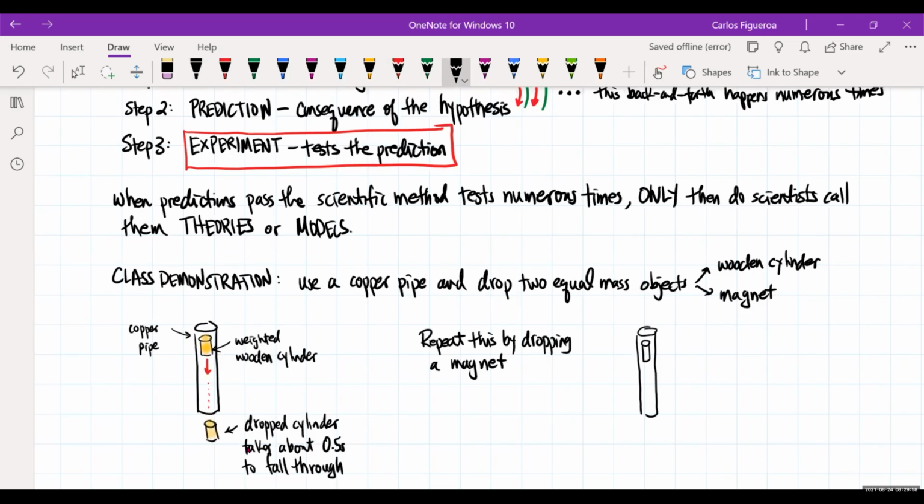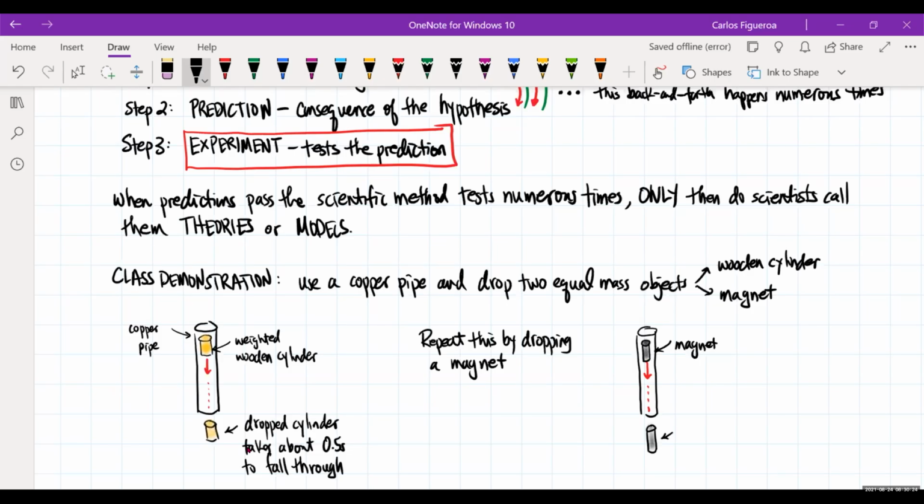And so the big difference here is that now I have a magnet. As I drop this thing and it falls, one of the things that you find here is a dramatic difference.